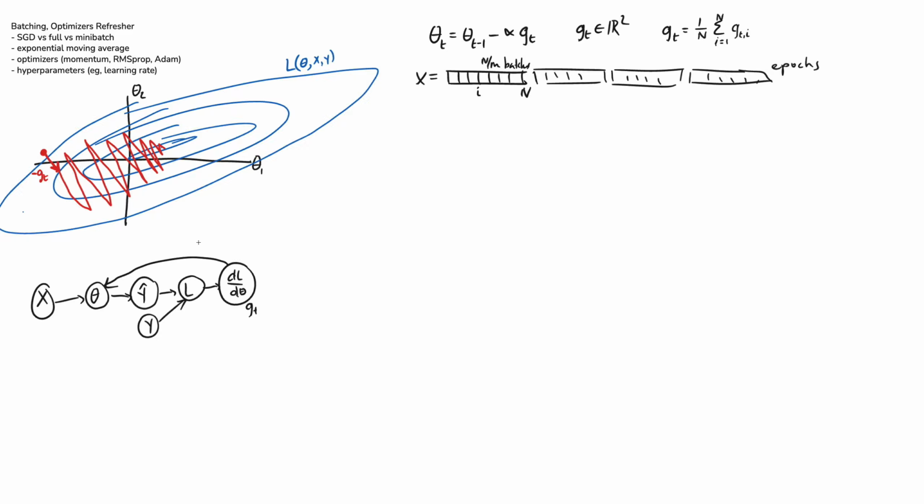So what we'd like to do is smooth this out. This path is very erratic, naive, and highly sensitive to local irregularities in the terrain here.